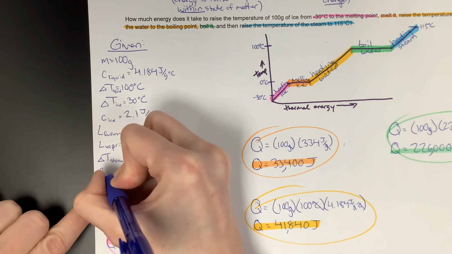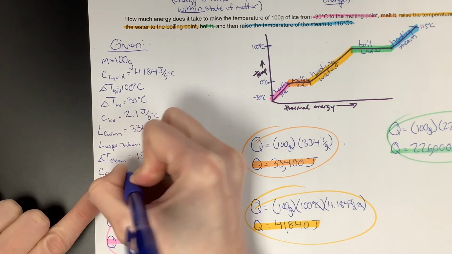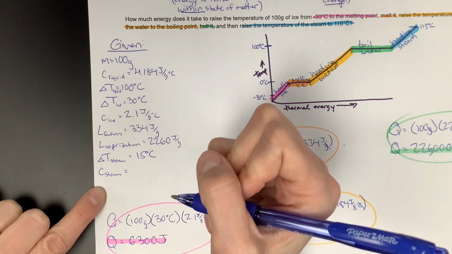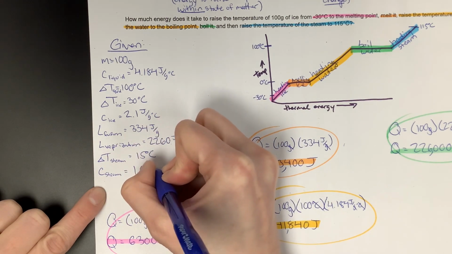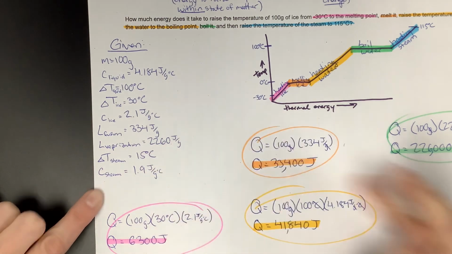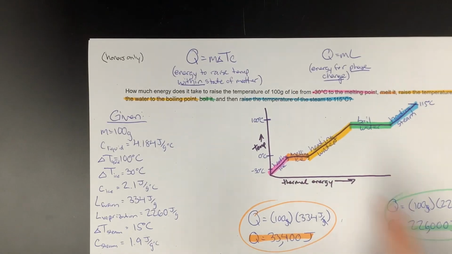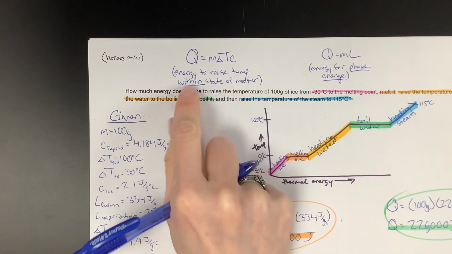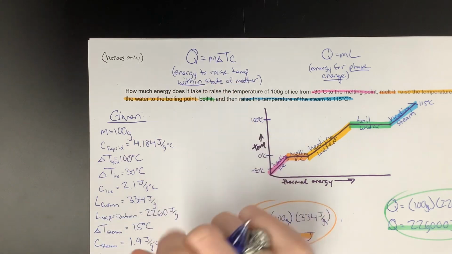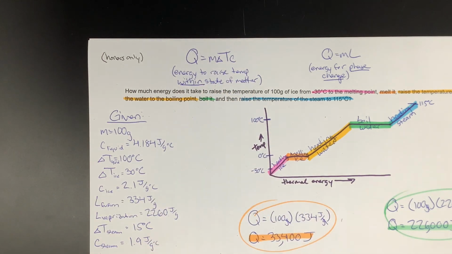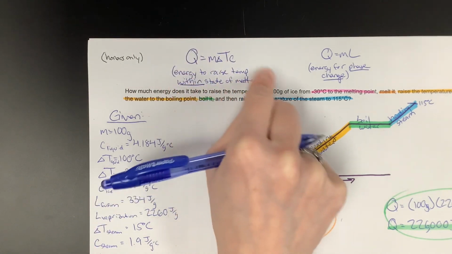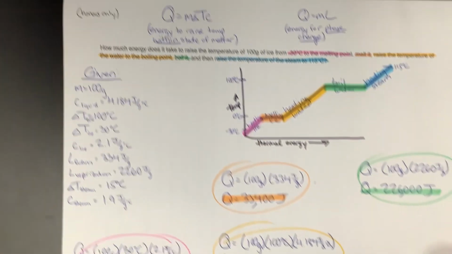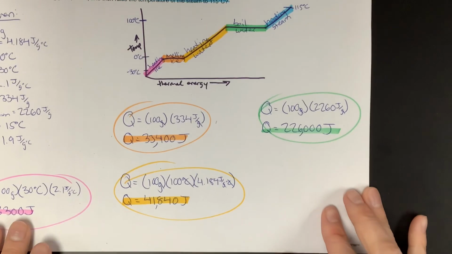So the specific heat of steam is about 1.9 joules per gram degrees Celsius. At this point, we're heating the steam within that gas state of matter. So we're not changing the state of matter. We're not doing a phase change. So we're all within here. So I'm going to move this, see if we can still see enough.